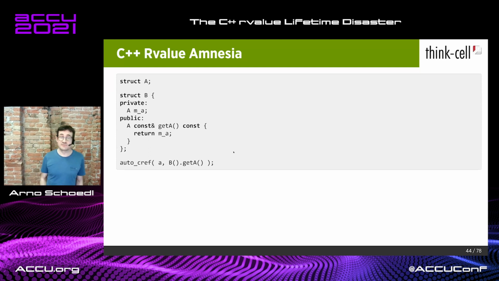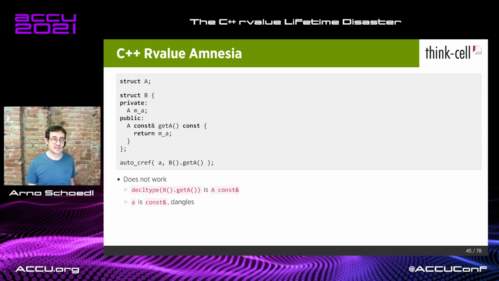But very frequently we don't program this way. Very frequently we have accessors, right? We don't want anyone to modify our member A, so we just write an accessor, and then we write the same code with the accessor. Now, does that work? Unfortunately, it's a bit problematic, because the decltype of this thing is, of course, the return type of getA. And as you can see, the return type of getA is a const reference. It's an lvalue reference, not an rvalue reference.